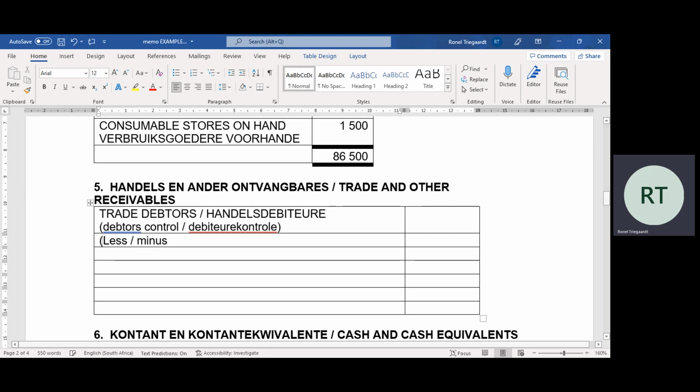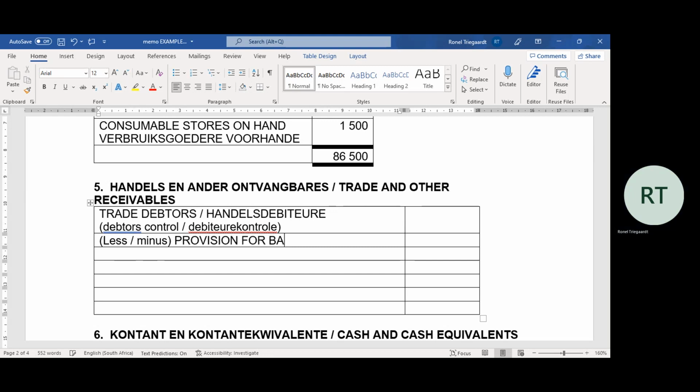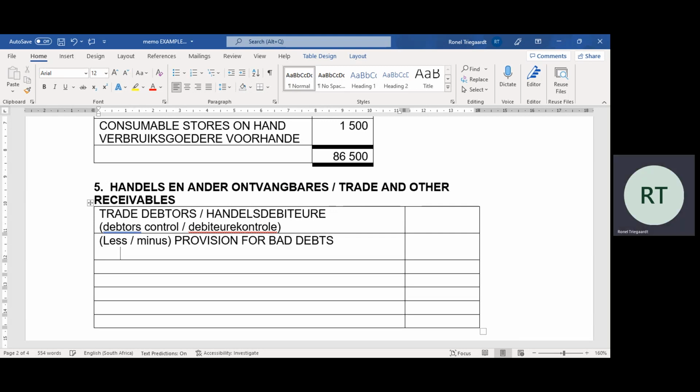You're not allowed to write that there, but I want you to remember provision for bad debts will decrease your trade debtors amount. So ek gaan net die een keer die minus daar skryf. Provision for bad debts, adjust provision for bad debts. Voorsiening van inbare skulde.